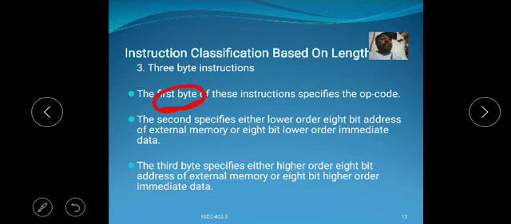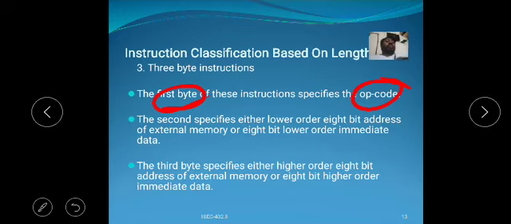The second byte specifies either the lower order 8-bit address of the external memory or 8-bit lower order immediate data.